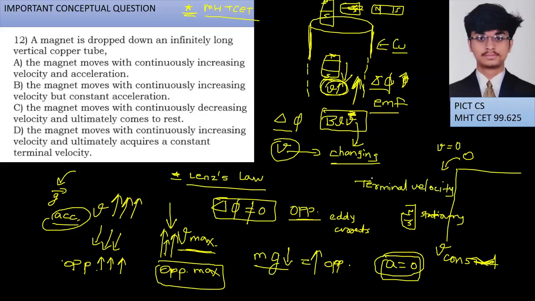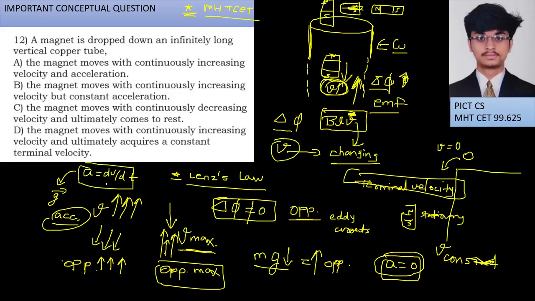So to summarize, the magnet came down and it had acceleration as well as velocity. What is acceleration? It is dv by dt, change in velocity with respect to time.